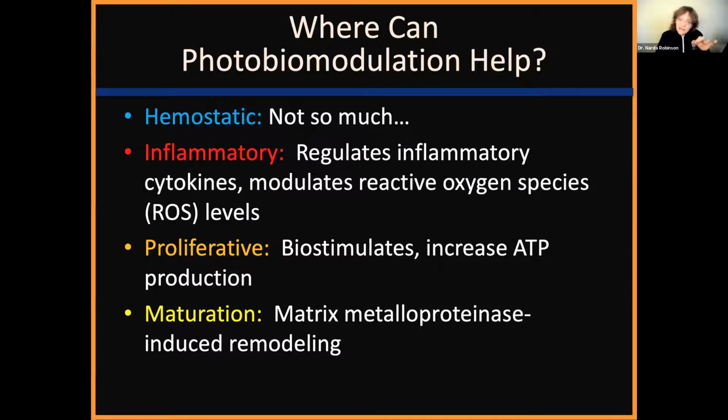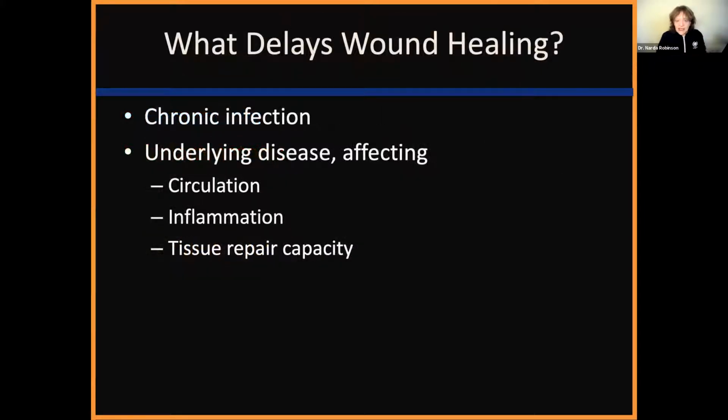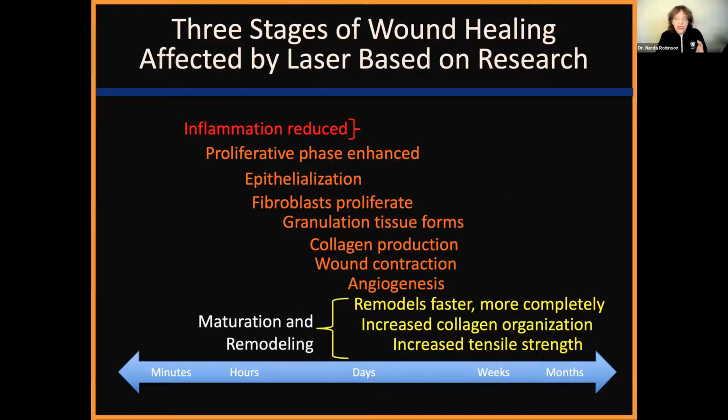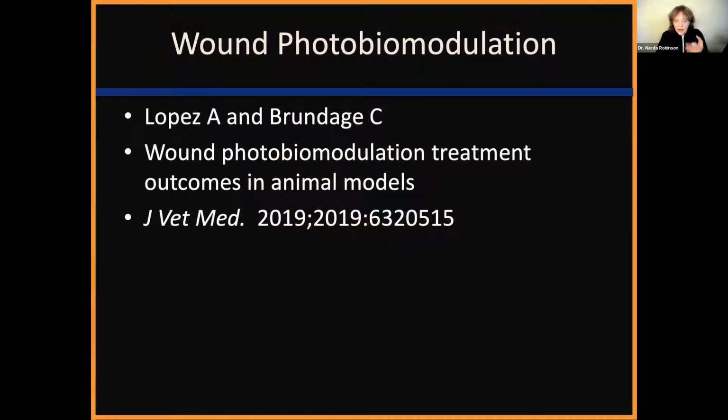And then with the matrix metalloproteinase induced remodeling, that's how the wound matures at the end. So photobiomodulation can help with many of these stages, not so much with hemostasis because it's going to dilate blood vessels, but after that, it can also help reduce infection to a degree. That still needs a bunch of study though.